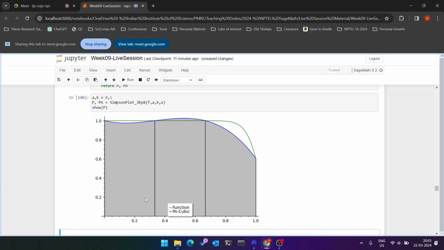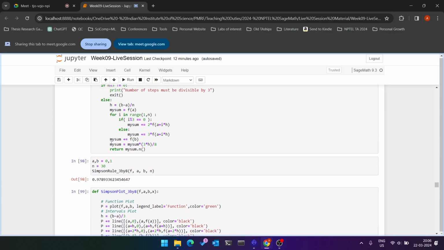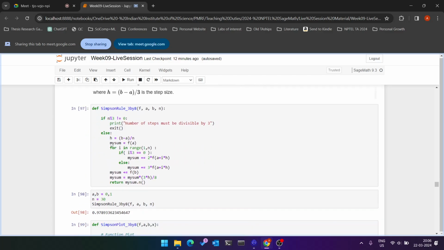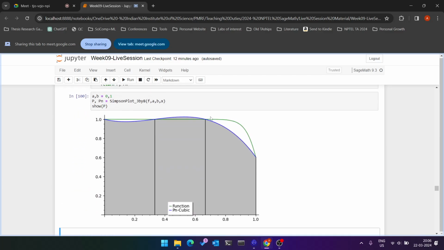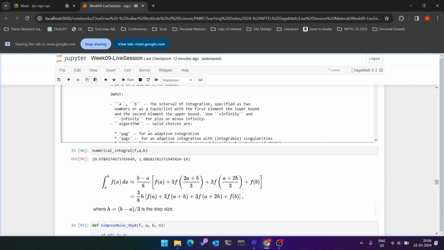If I run my Simpson plot function, I can see my cubic interpolation polynomial between the 4 points based on Lagrange interpolation, and the green is my actual function line. There is some difference between the two, though they are almost the same, it seems: 0.978 and 0.97.